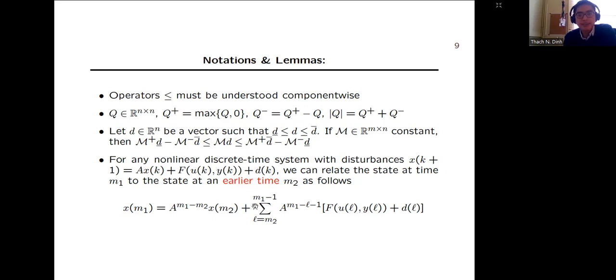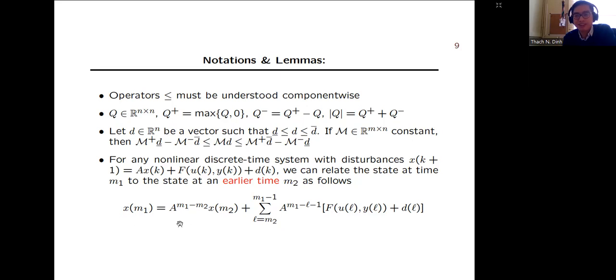Here is the key relation, the key idea of my talk today. If we have a nonlinear discrete-time system with disturbances, that means x_{k+1} equals A x_k plus f(u_k, y_k) plus d_k, we can always relate the state at time m1 to the state at an earlier time m2 as follows.